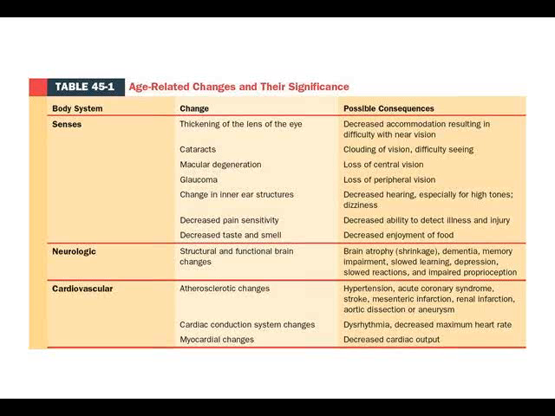Hypertension, acute coronary syndromes, basically MIs, strokes, a mesenteric infarct, or you can develop a blood clot in your blood supply to your intestines. Remember, they need blood too. So you cut off the blood supply to there, they will die. A renal infarct, aortic dissection, aneurysms.